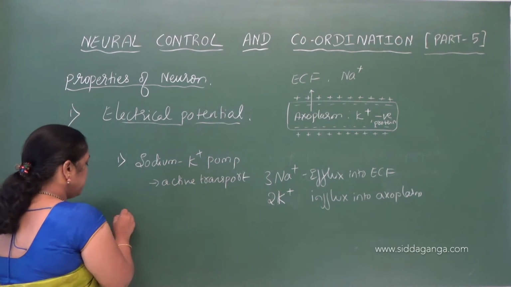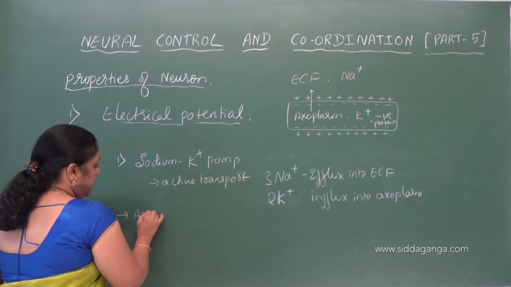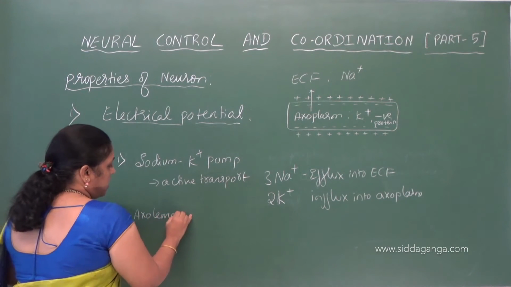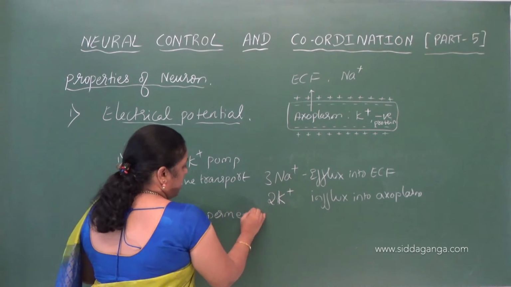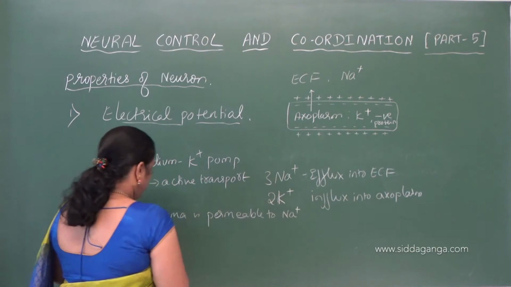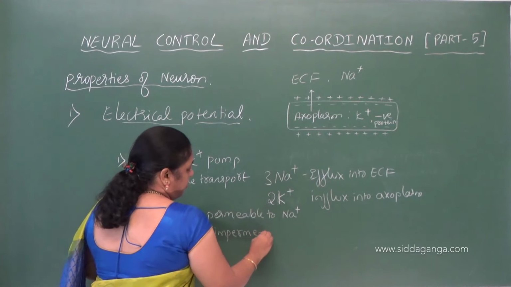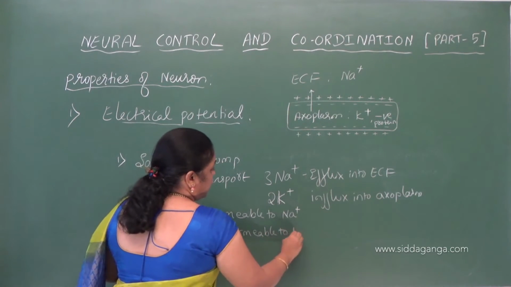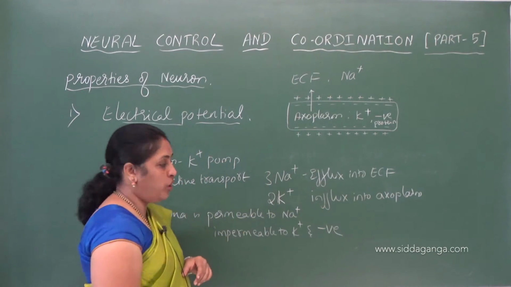And one more thing: the axolemma or neurolemma is permeable to sodium ions and impermeable to potassium ions and negatively charged protein molecules.